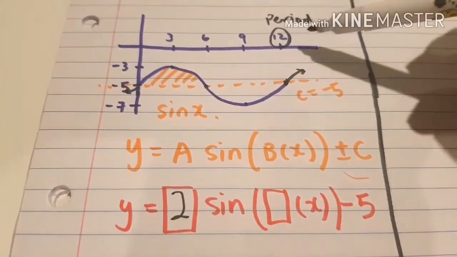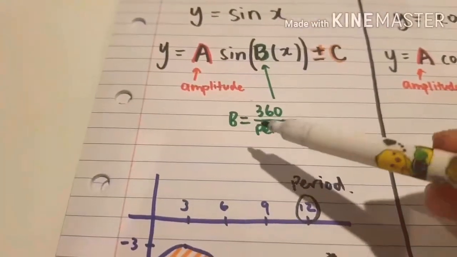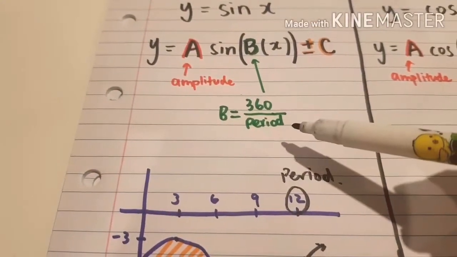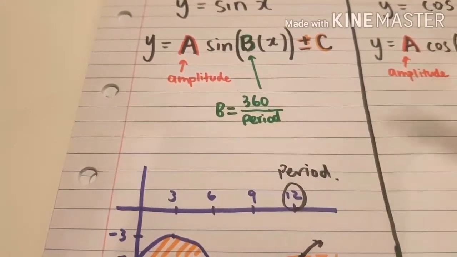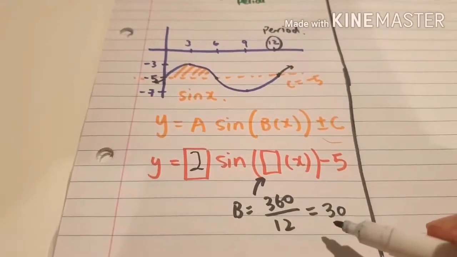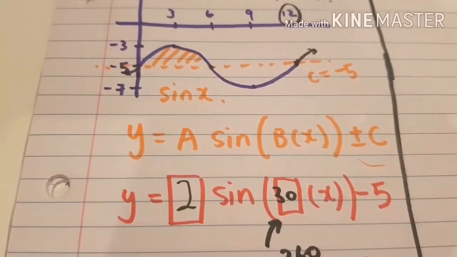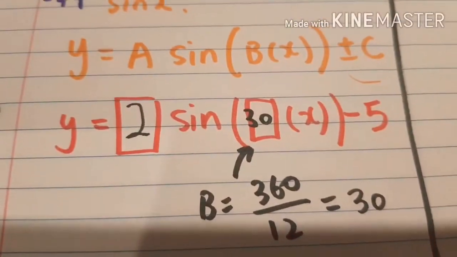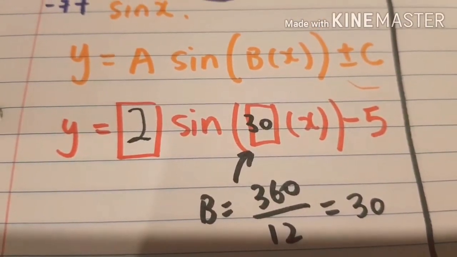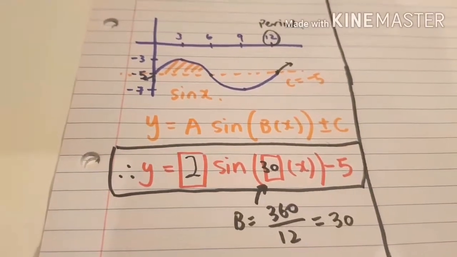So what was the calculation for B? 360 divided by the period, so 360 divided by 12, what is it? It's 30, isn't it? So I can write 30 there, and this should be my full solution, the equation for the graph. So this is how you do it.